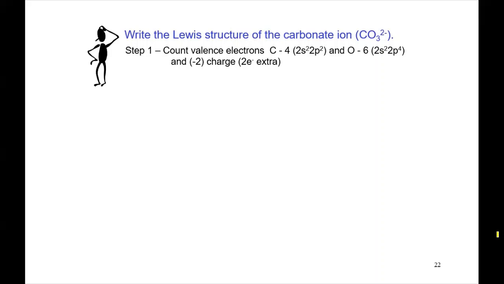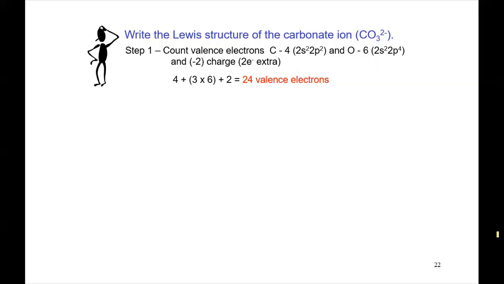Don't forget that. So I have 4 from carbon, 6 times 3 from the oxygens, and the 2 extra ones, so that's 24. Don't forget those 2 extra electrons. 24 total.